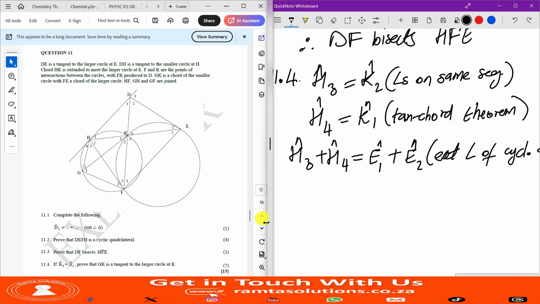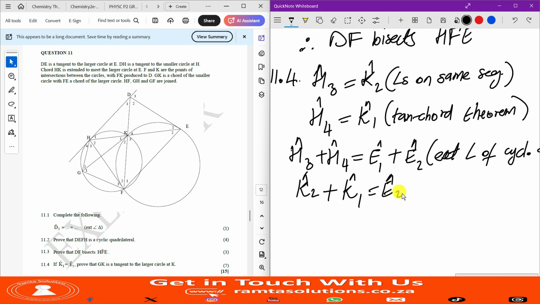So, remember, we want to prove that this thing is a tangent. In order for us to be able to prove that it is a tangent, let me remind you, what did we say H3 was? We said H3 was K2. And then what is H4? We said it was K1.